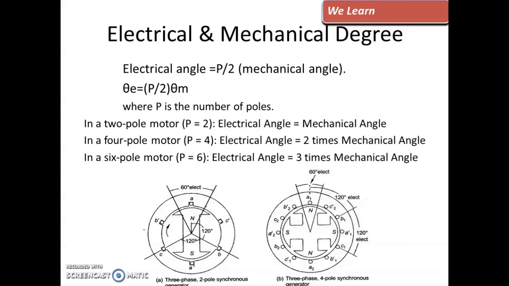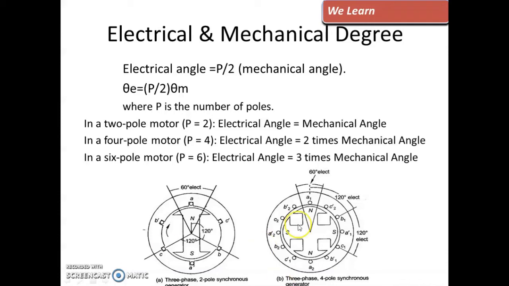Before going through the part which is written here, just concentrate on this figure first. I have given you two figures here. In the first figure there is a two pole salient pole rotor, and in the other figure there is a four pole rotor. When we say mechanical degree, whatever angle we have understood up till now, we always understand by mechanical angle.